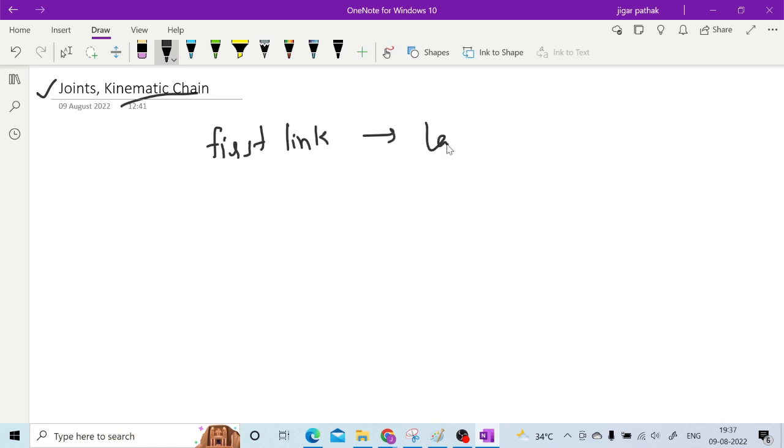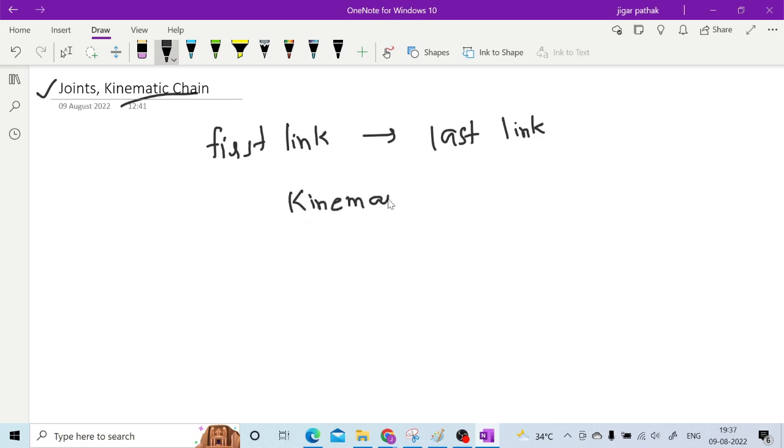Then you can consider that particular arrangement as kinematic chain. First link must be attached to last link, and all must have constrained motion, as Sai Teja has just now mentioned, that in your kinematic chain your first link must be attached to the last link and all kinematic pairs must have constrained motion. Then only you can consider that particular arrangement as kinematic chain, right?